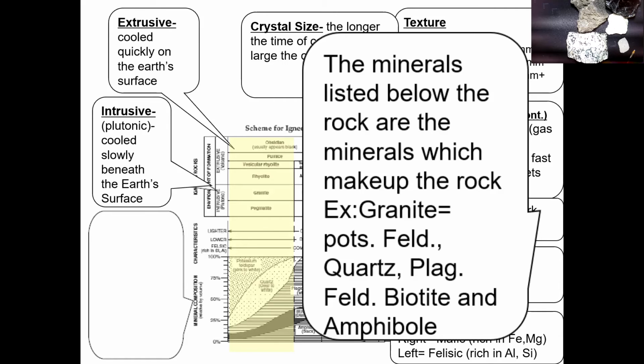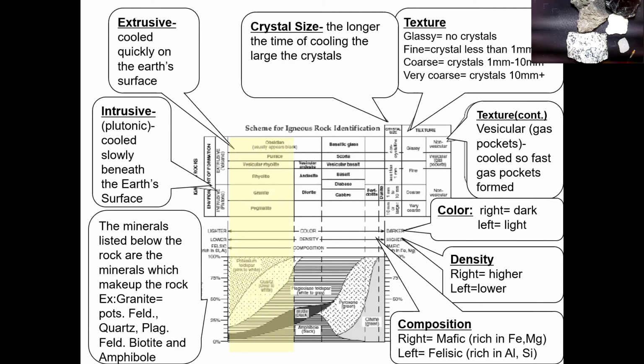So what this one means, and this one's a little weird. So again, there's the 3 separate sections. We've got the igneous rocks listed up here based on whether they're intrusive, extrusive, and their crystal size. The middle tells us color, density, and composition.